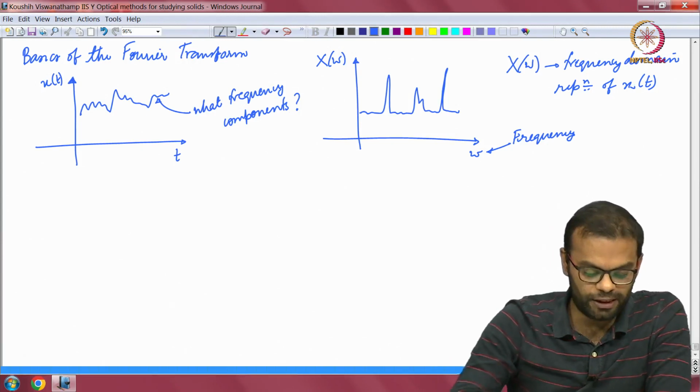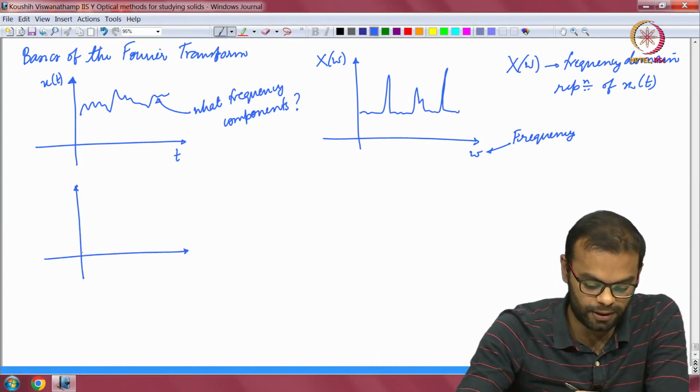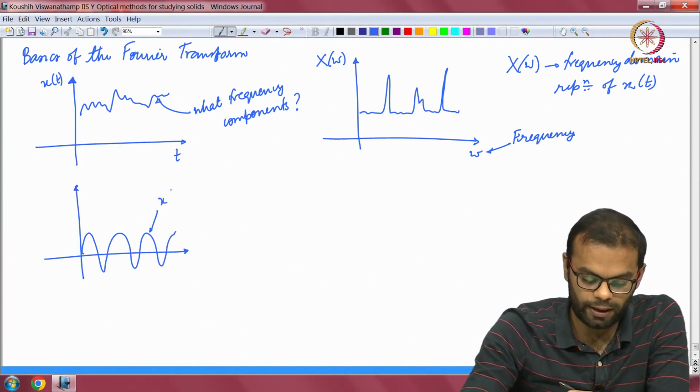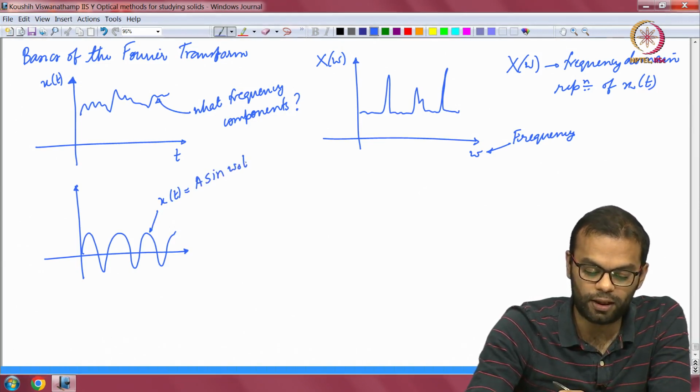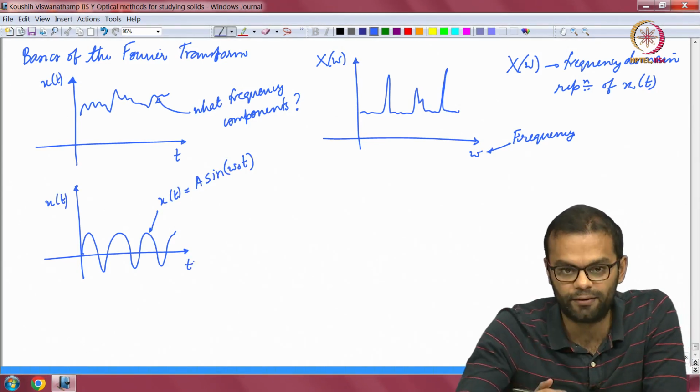Okay. The simplest way to look at this, of course, is if you have a simple sine wave. So this is x of t, say A sin omega naught t, let us say. This is x of t, this is t, this is a simple sine wave.